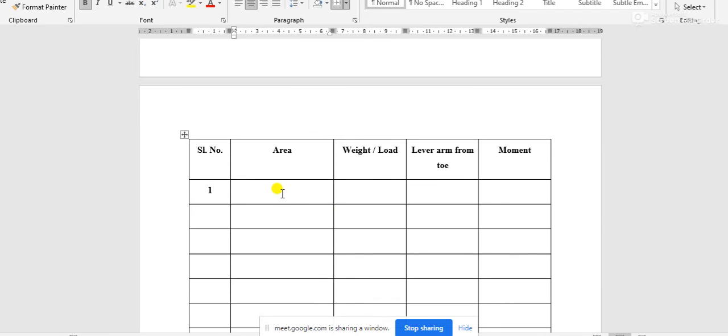That means area should be 5.5 multiplied by 0.5 is equal to how much? Can anyone say? I think this one, 27.5 meter square.